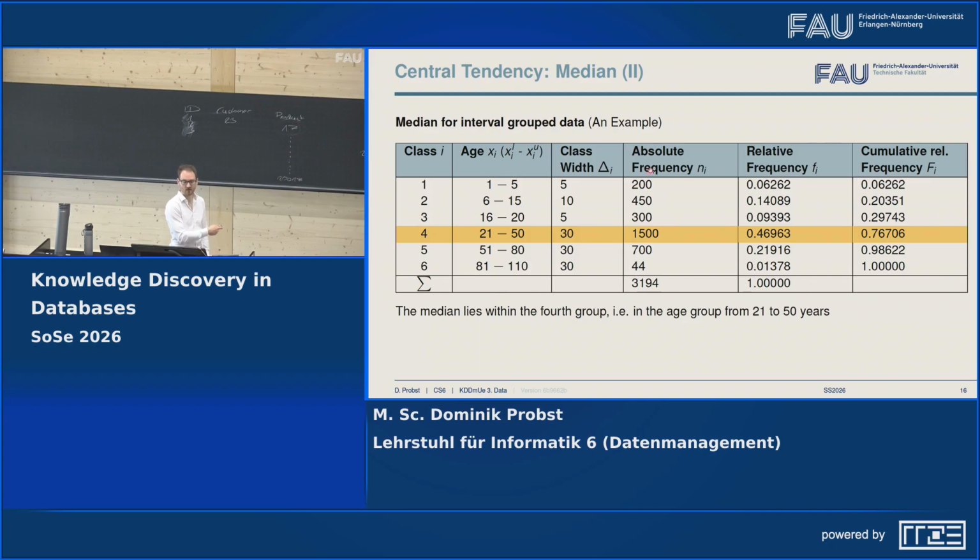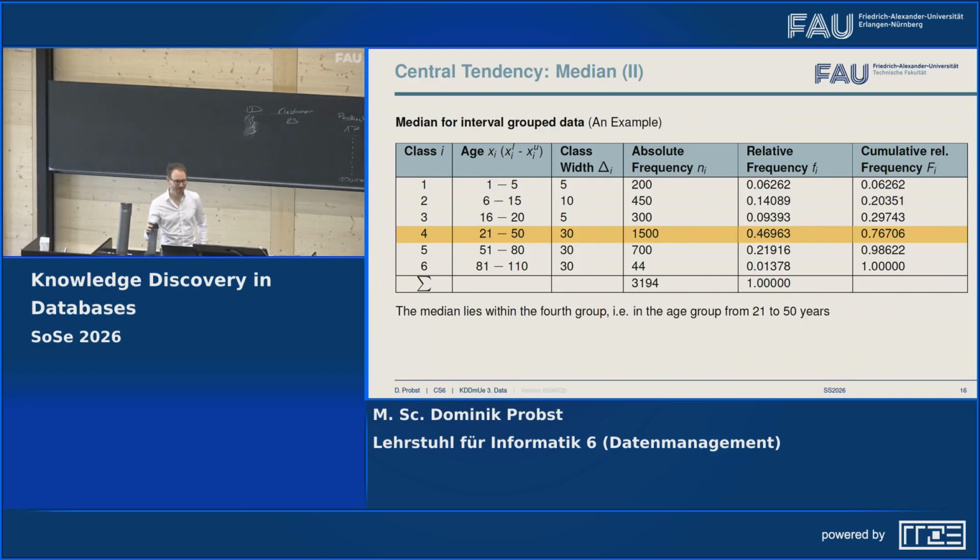So we know that 200 persons are within the age group 1 to 5. We know that 450 people are within the age group 6 to 15, and so on. And now we want to know where the median in this dataset lies.